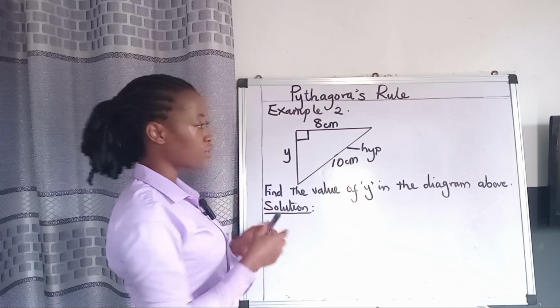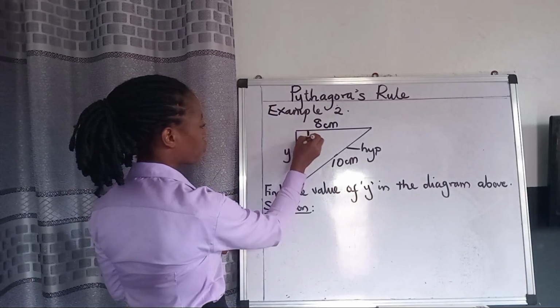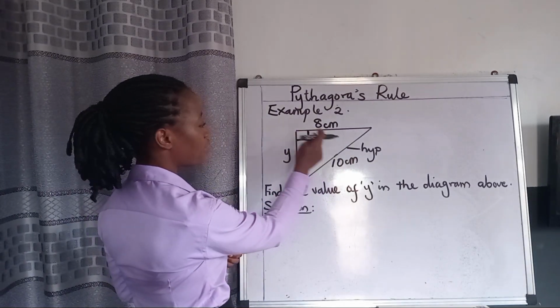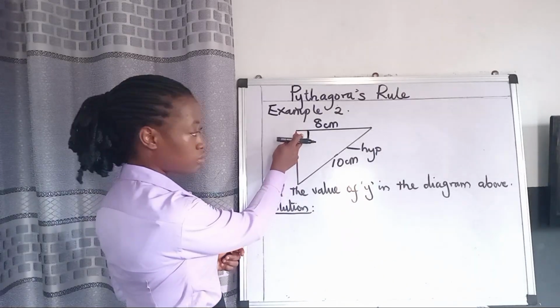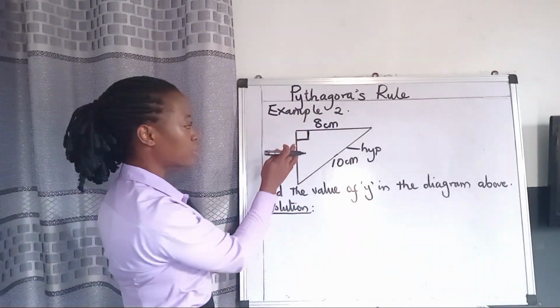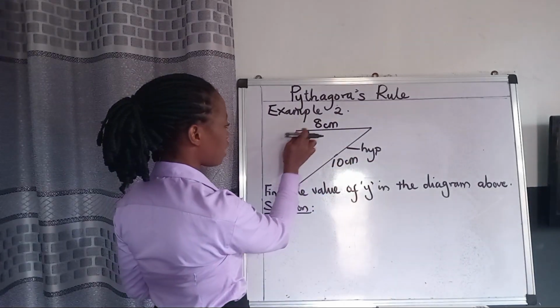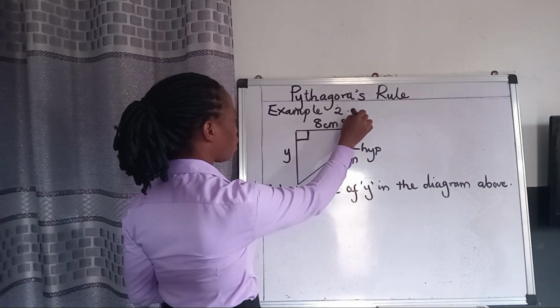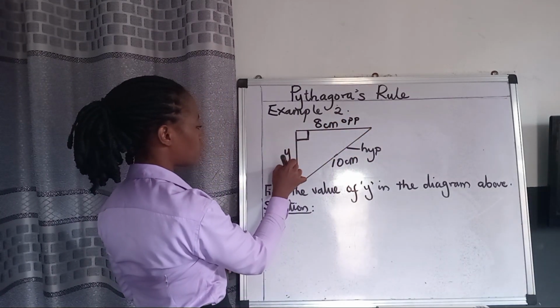Hypotenuse is the side facing the right angle, okay? And that particular place where the right angle is, is known as the opposite, okay? So here is our opposite, and here is the adjacent.